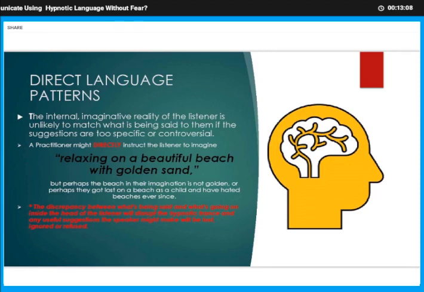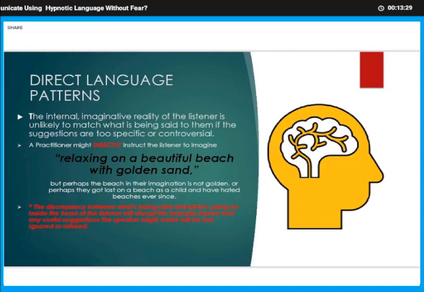But maybe the beach in their imagination is not golden. Or perhaps they had a bad experience. They might have gotten lost on the beach as a child, or gotten in trouble with the law, or gotten bitten by a shark. We don't know, but they may have hated beaches ever since.